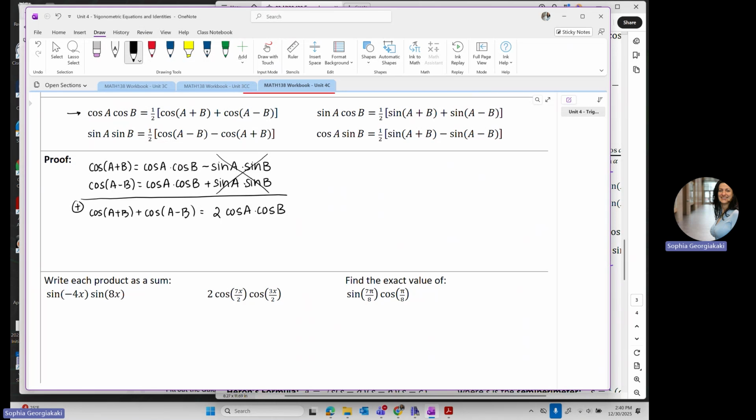Now, if I did not add those two, but I subtracted, so if I subtracted the sum from the difference, then the cosines will cancel and I will have sine A times sine B minus negative sine A sine B. So I would have the cosine of the difference minus the cosine of the sum equal to 2 times the product of the sines of the two angles.